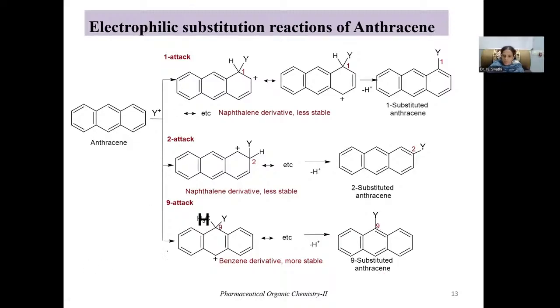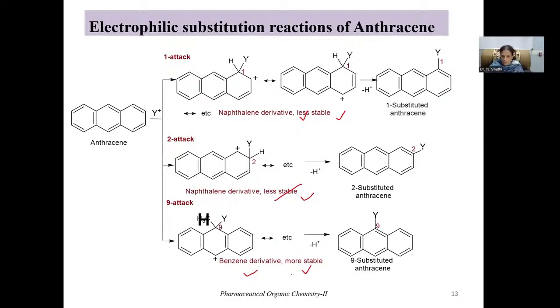Now overall, if you see all these attacks, in the alpha or 1 attack, the resulting carbocation is a naphthalene derivative. Even in the second attack, the resulting carbocation is a derivative of naphthalene. Now, when it comes to the gamma or 9 attack, the resulting carbocation is a benzene derivative. Benzene derivatives are highly stable when compared with naphthalene. In the gamma or 9 attack, the resulting carbocation is highly stable when compared with the carbocations formed in the first and second attacks.